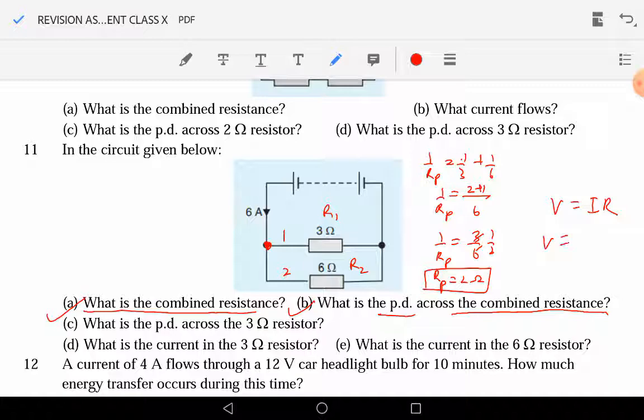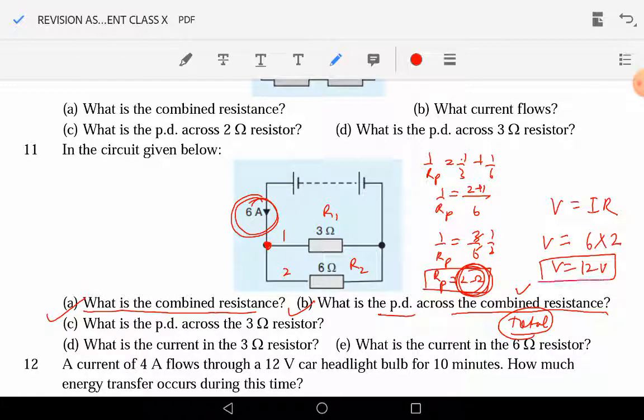The I value is given to us, 6. Combined means it is the total resistance. Okay, so total current is 6, we all can see, and the total resistance value we have just found is 2, so it is 12 volt. So we have found out the total value of the potential difference. Combined resistance means the total potential.